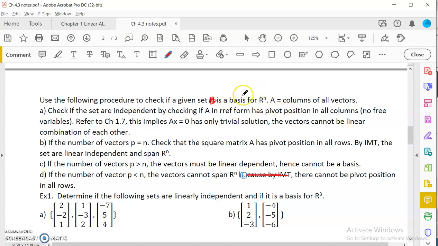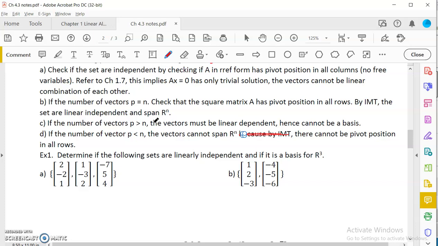You put the vectors in B into the columns of a matrix A. First you have to check that they're independent, meaning you do Ax equal to 0 and see if it has only the trivial solution. Then they must be independent. Also, they cannot be linear combinations of each other. In case you have two vectors, they cannot be multiples of each other.